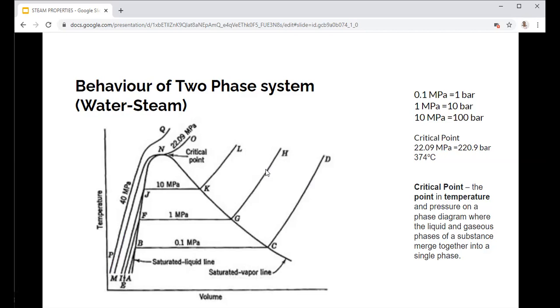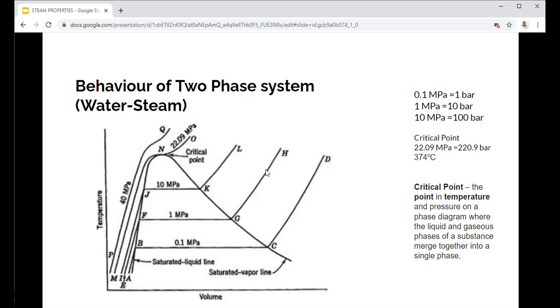So with this understanding, and by knowing that the state is saturated liquid, we need to refer to the properties from the steam table as hf, vf, and sf for the specific enthalpy, specific volume, and specific entropy. And if it is dry saturated steam, from the steam table we need to look for hg, the specific enthalpy of dry saturated steam, vg, the specific volume, and sg, the specific entropy of dry saturated steam.